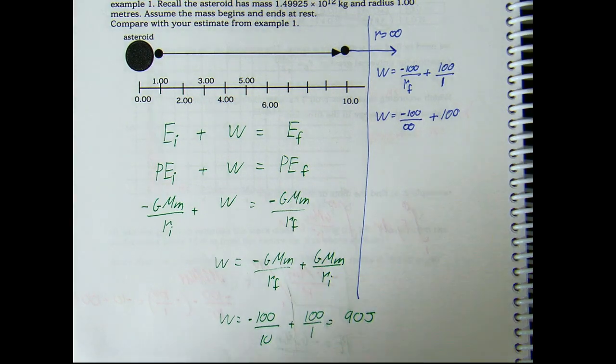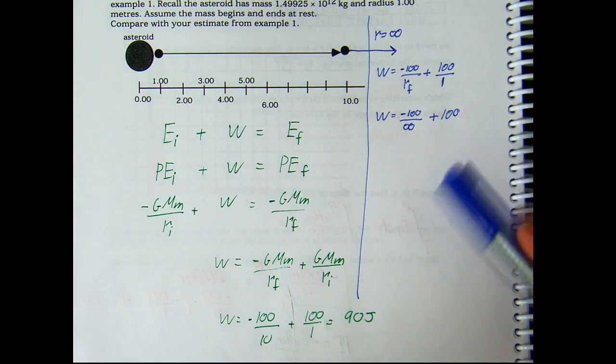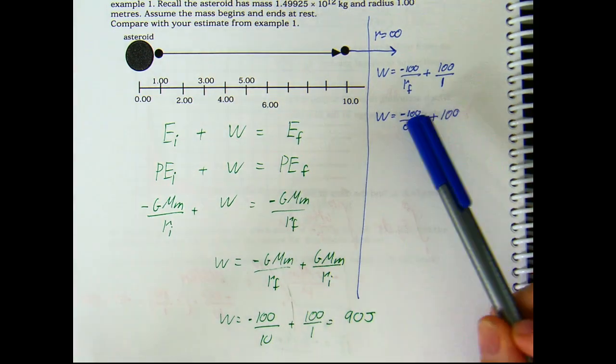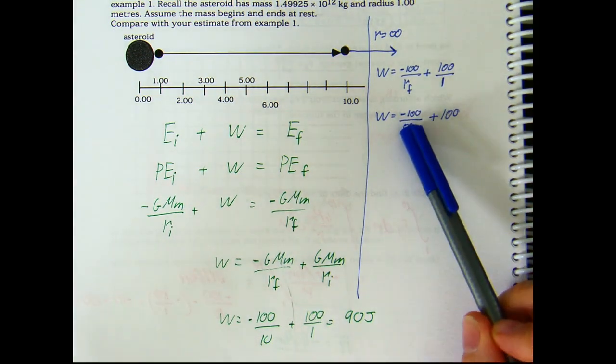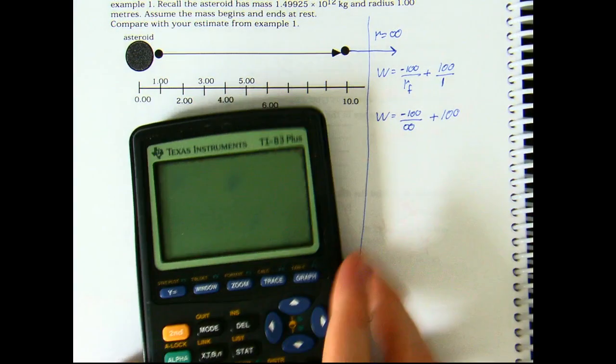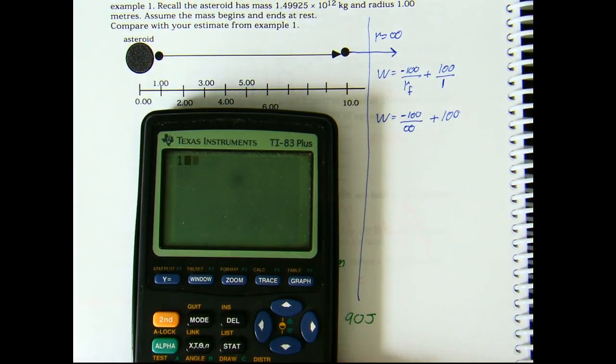That doesn't actually make any sense. That's not something that we can do. But if we start dividing 100 by larger and larger numbers, we're going to see that this gets really, really close to 0. If I take 100 and divide it by 100, I get 1. If I divide it by 1,000, I get 0.1. If I divide it by a million, I get 1 times 10 to the negative 4, so 0.0001.